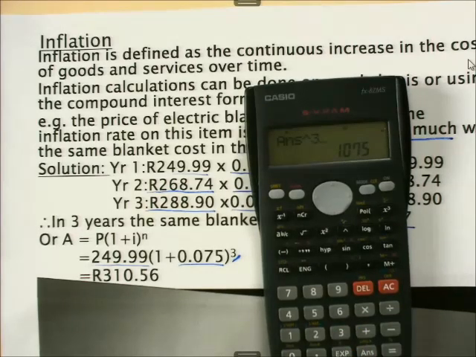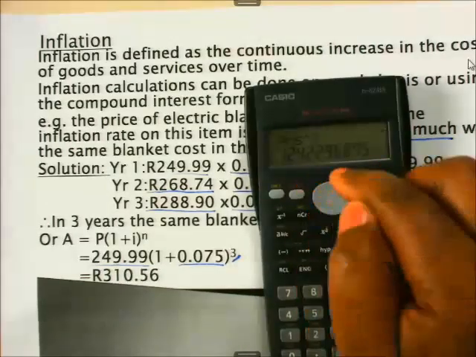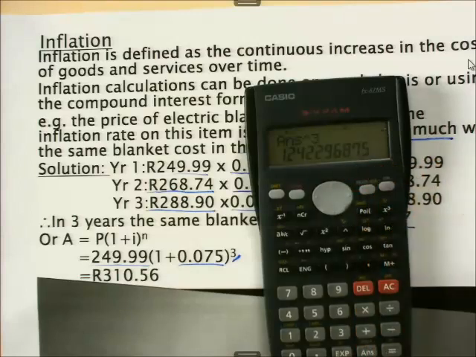You are familiar with the functions of your own calculators. You must remember the calculators are not the same. So you add 1 plus 7.5% to the power of the number of years, which is 3 in this case, and then you end up with this amount, which is 1.242296875.